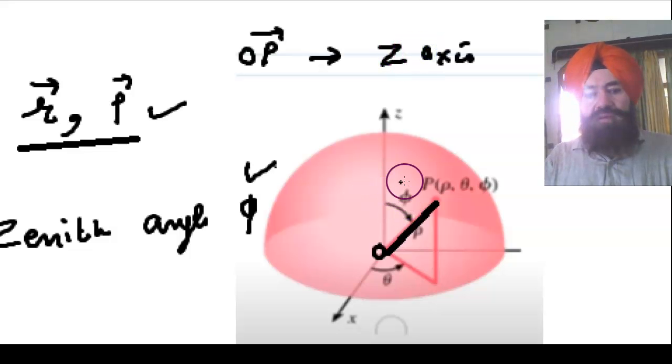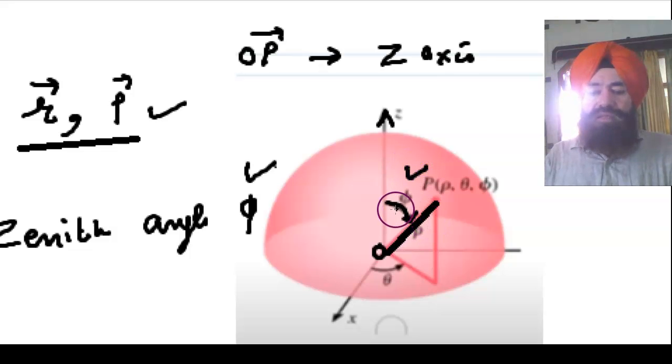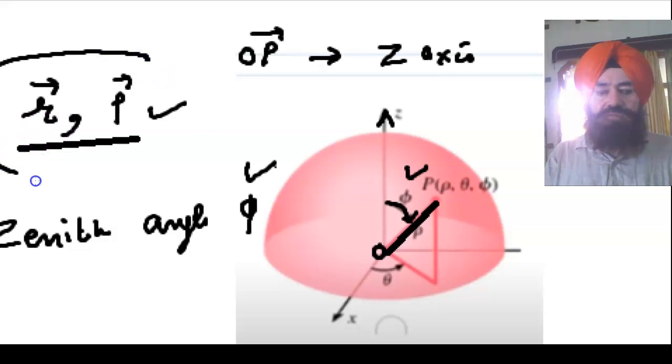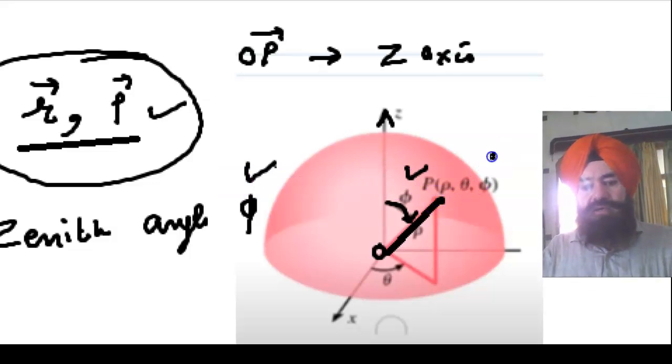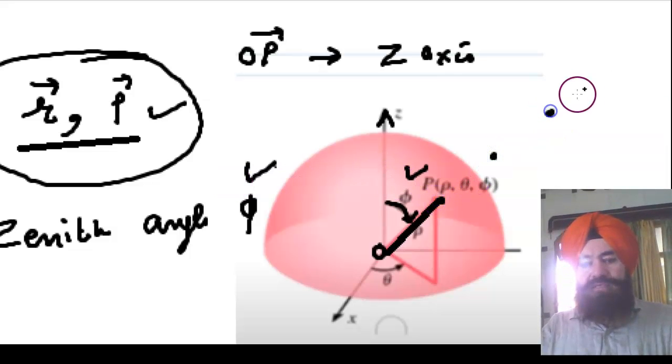Like this is our z-axis, and this angle is called theta. The R vector or rho vector can have any value from 0 to infinity, depending upon whether your point is here or at this distance or at this distance.